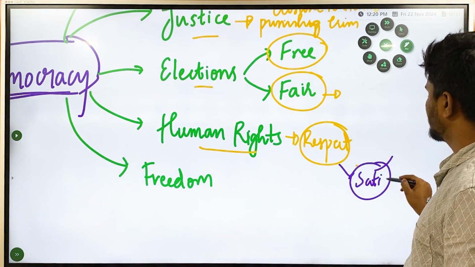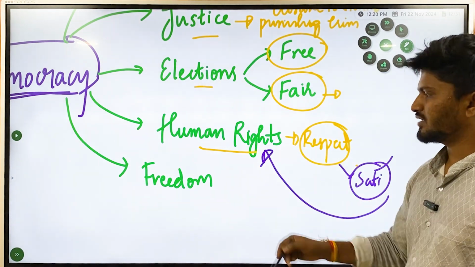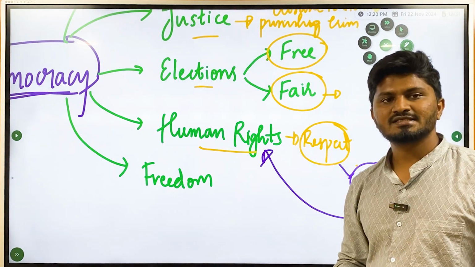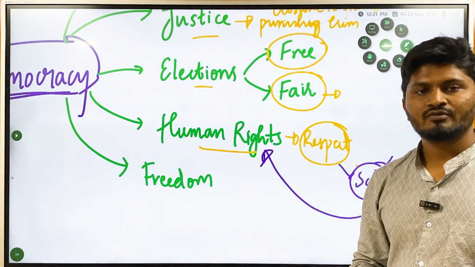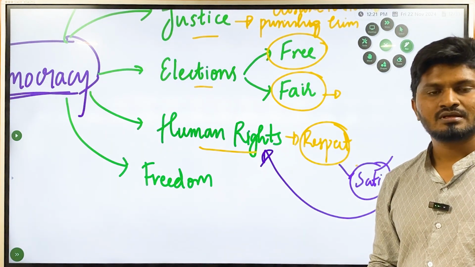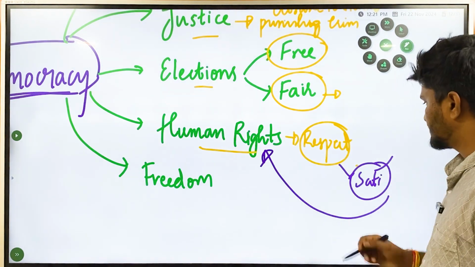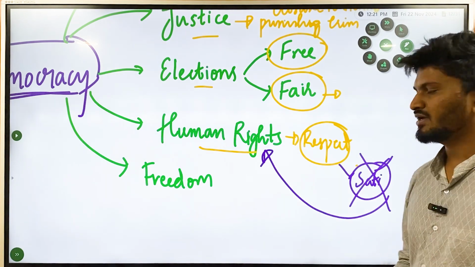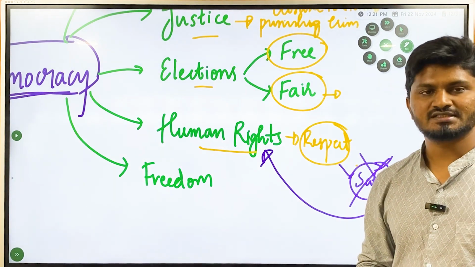This sati was inhuman. Just because the husband is dead, it doesn't mean that the wife should also be burnt along with him. That was very inhuman. This practice was done away with in post-independence India.